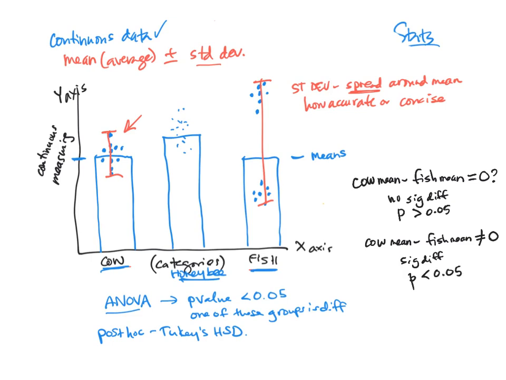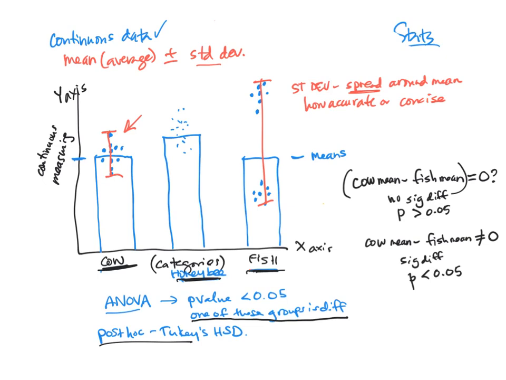And of course, in a post hoc Tukey test, we're going to not just compare cow and fish, we're going to compare cow versus honeybee. We're going to compare honeybee versus fish, and we're also going to compare cow versus fish. So the Tukey test will let us know from the Anova which one or more than one of these groups is actually different.